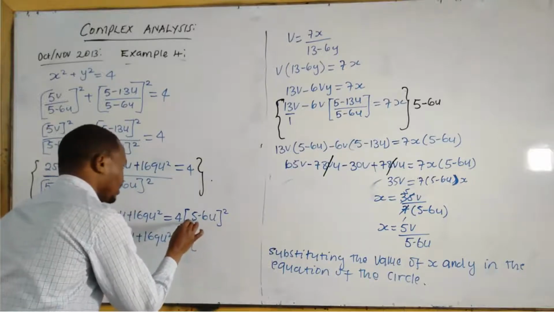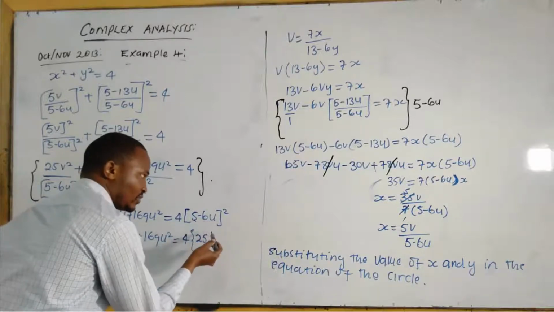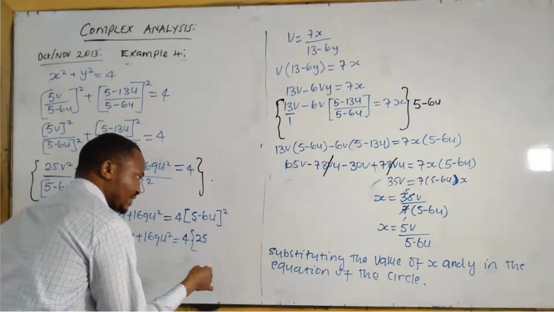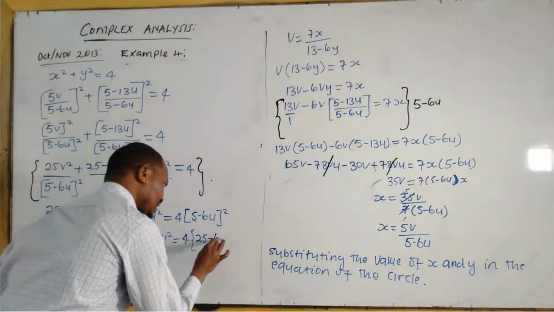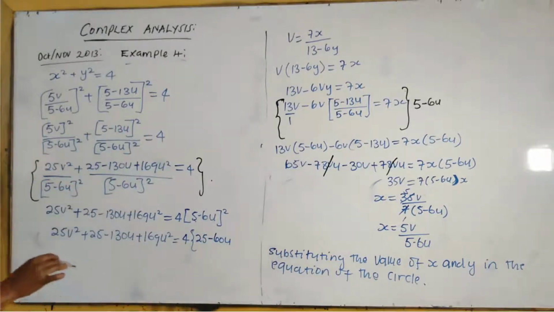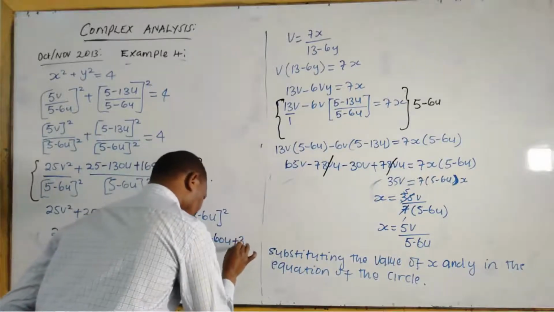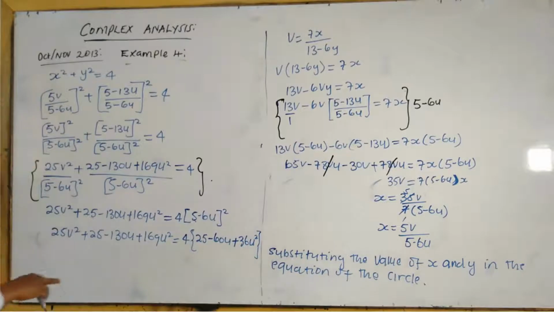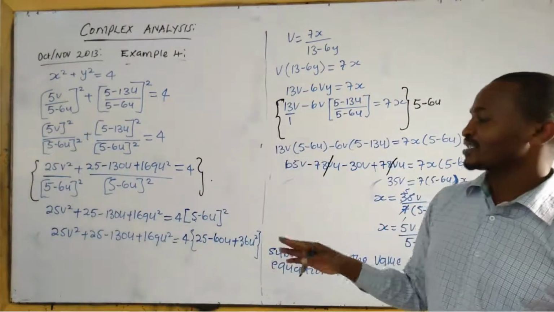If you square this, it is 25, 5 times 6u is 30u, times 2 is negative 60u, plus 36u squared. We have said a lot of steps; you should be able to do it off hand. Remember, this is an 11 marks question.